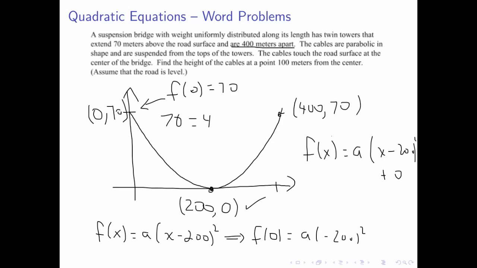So that's 40,000 times a. And this is going to mean that a is 7 over 4,000. So the equation of the parabola that I wrote here will be correct if I use, instead of the letter a, 7 over 4,000.